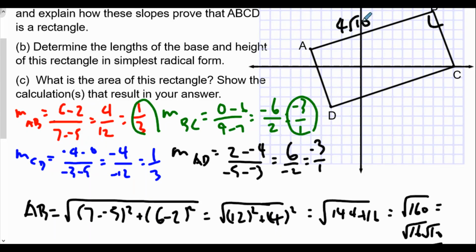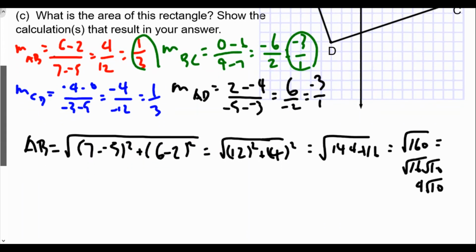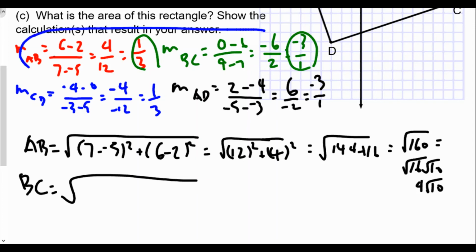Now I'm going to find BC. You're saying, how are we getting those numbers? I'm looking right at our slope information, because it's all there. The difference of the x's is right here.